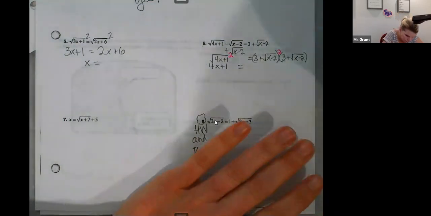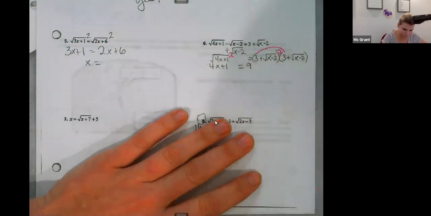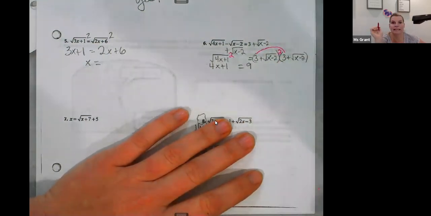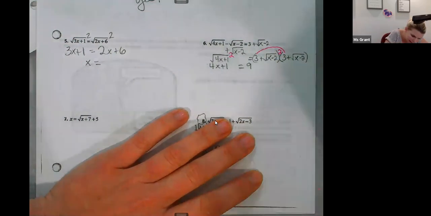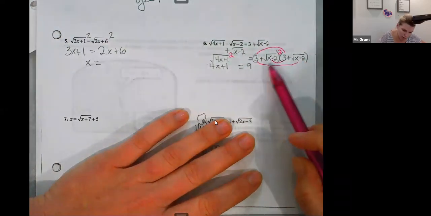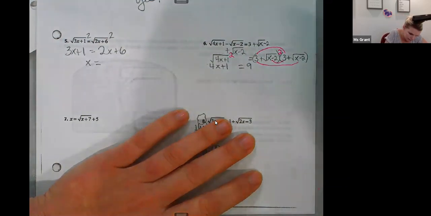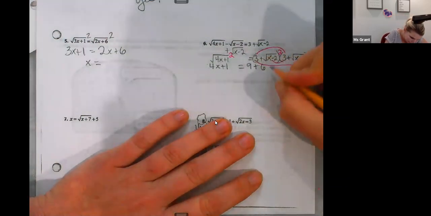First is 3 times 3. That makes 9. Outside, inside is 3 times the square root of x minus 2 plus 3 times the square root of x minus 2, which is 6 square root of x minus 2.